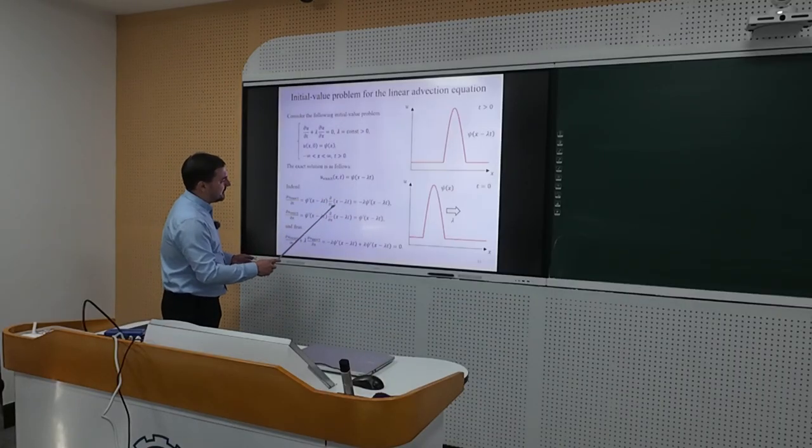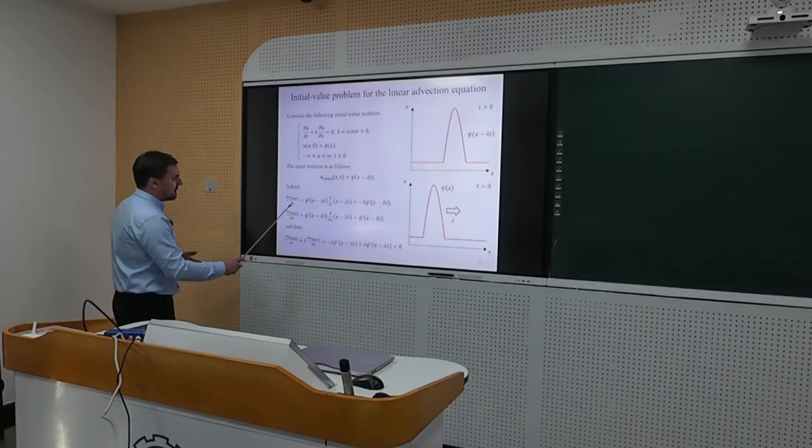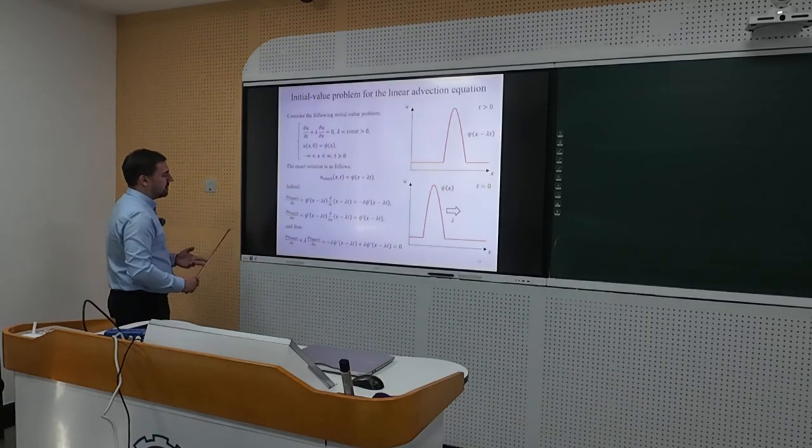That is why d over dt of this value is just minus lambda. And so we have minus lambda psi prime of x minus lambda t as the time derivative of the exact solution. Then we compute the x derivative of the exact solution.